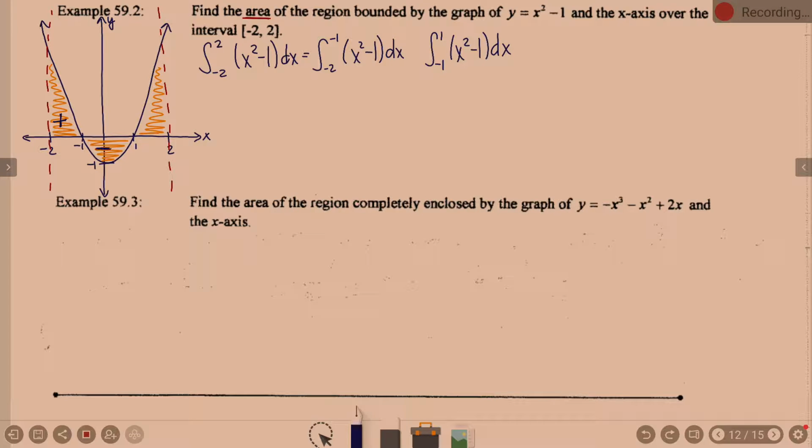It's below the x-axis, so I have to subtract that interval. And then my last piece is going to be the integral from 1 to 2 of x squared minus 1 dx. Do I add or subtract? This is above the x-axis, so we are adding.